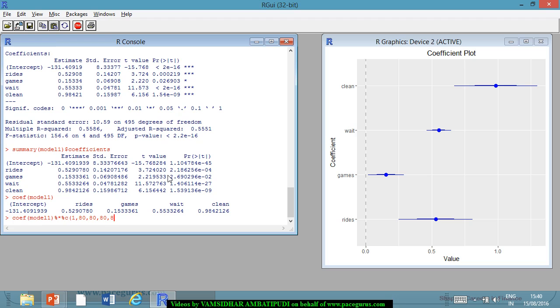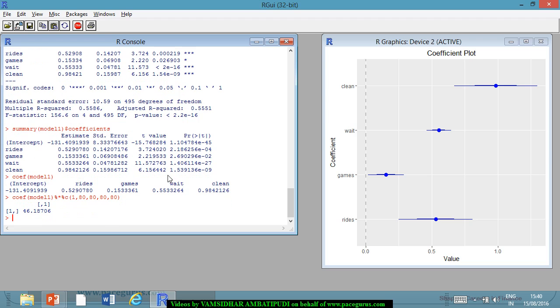Right? For all, a person has given 80 as the rating. Then I could see that his overall rating is going to be 46.18 only. As per this model, if he has given 80 towards all 4 of them, it looks like his rating is going to be only 46.18.